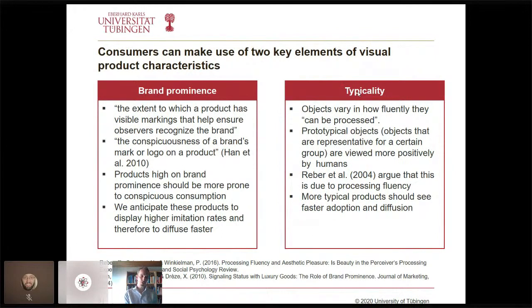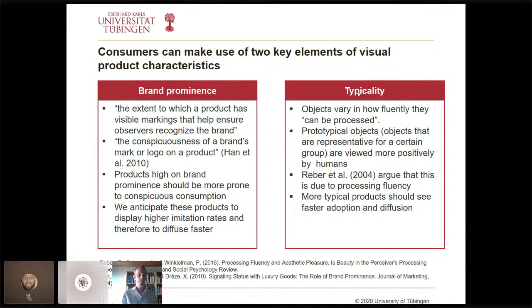And this relates to the concept of brand prominence. Brand prominence essentially captures the degree to which a product has a visible marking that helps ensure observers recognize the brand. So for example, if you see a car on the street that has a Porsche sign, you know it's a Porsche. And the brand prominence tells us how easy it is to spot the brand.